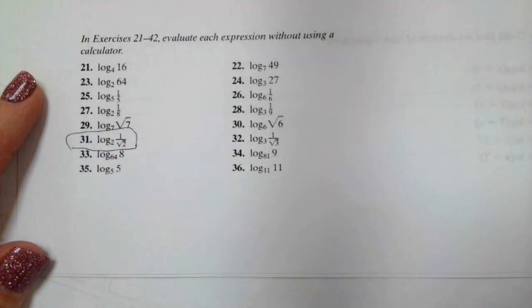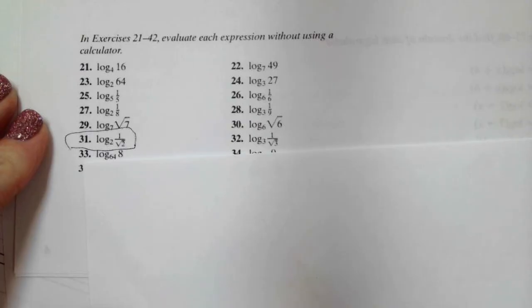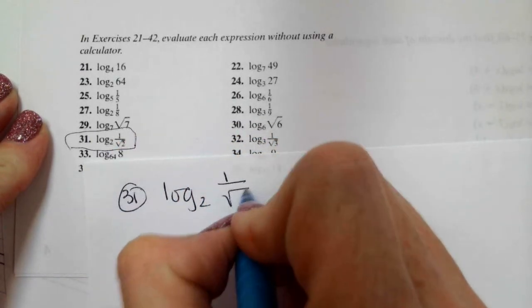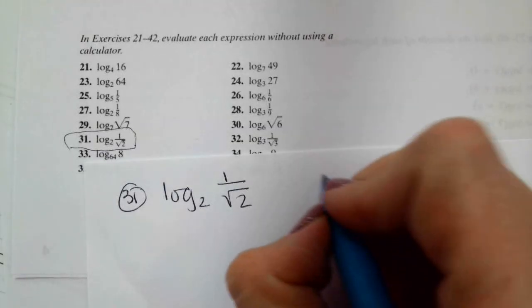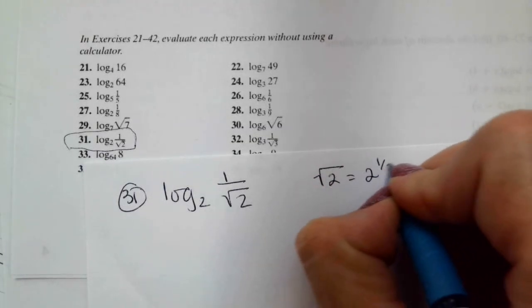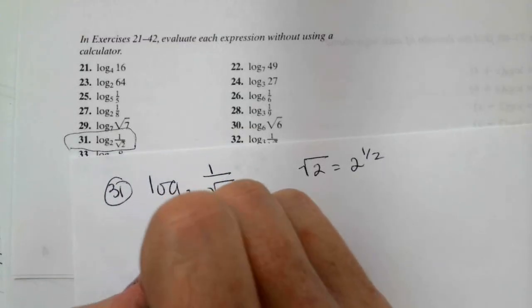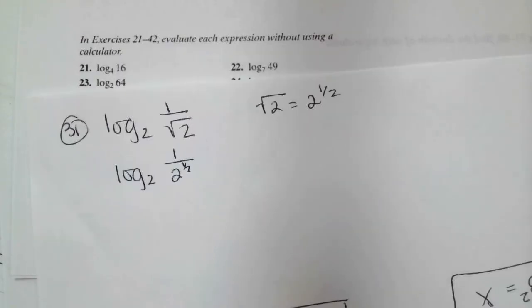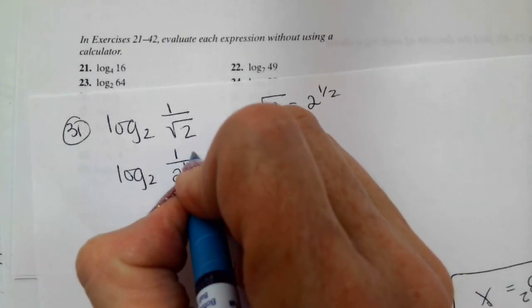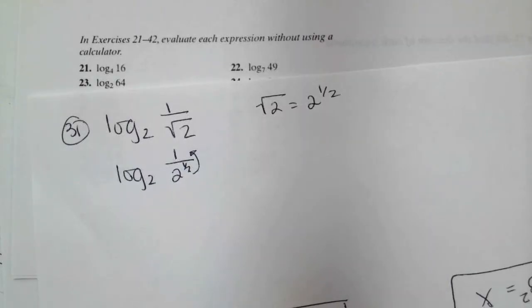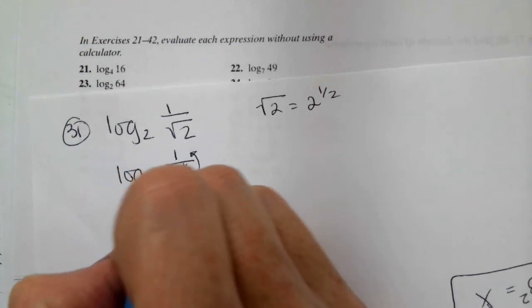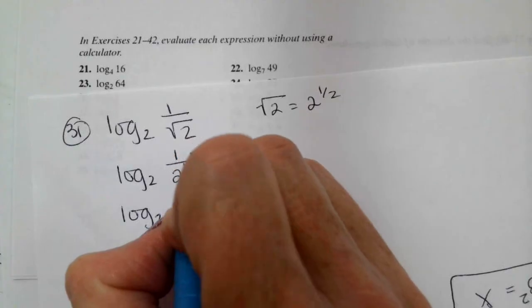So we've got log base 2 of 1 over square root of 2. I know the square root of 2 is the same as 2 to the 1/2. So then this is log base 2 of 1 over 2 to the 1/2. But if it's in the denominator, that means I need to move it to the numerator, and I do that by changing the sign. So this becomes log base 2 of 2 to the negative 1/2.